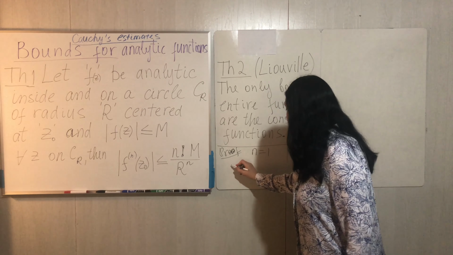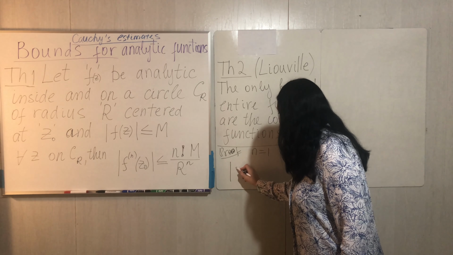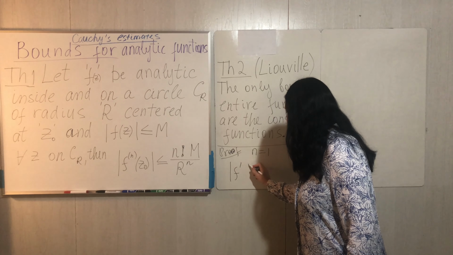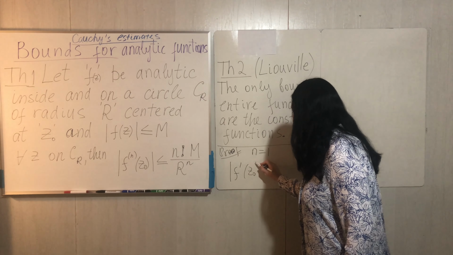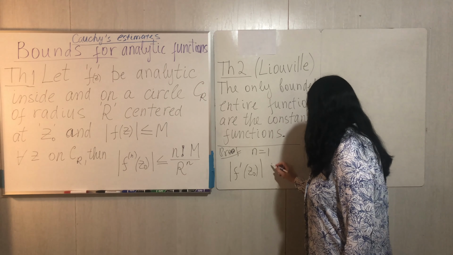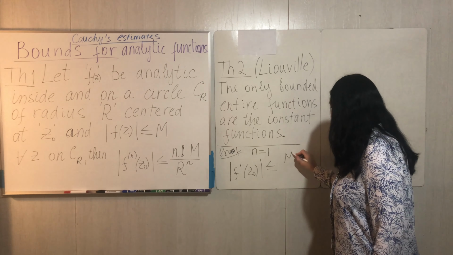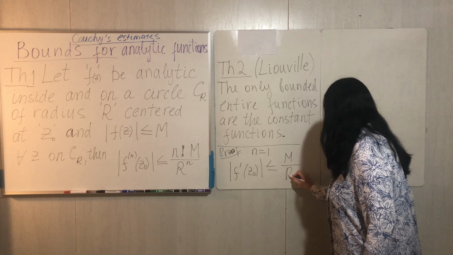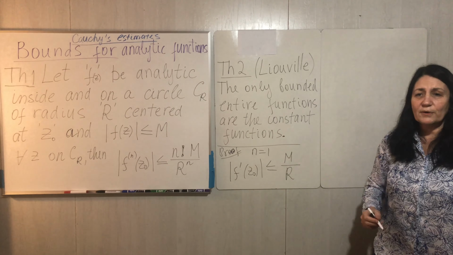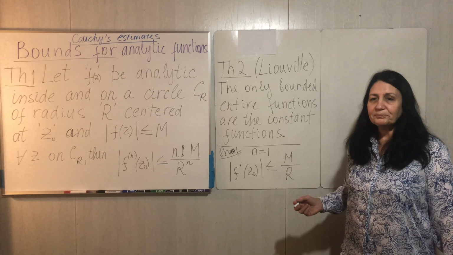Then what will we get? We will get the first derivative of f at point z sub 0, and that would be bounded by M over r, right? According to this formula.